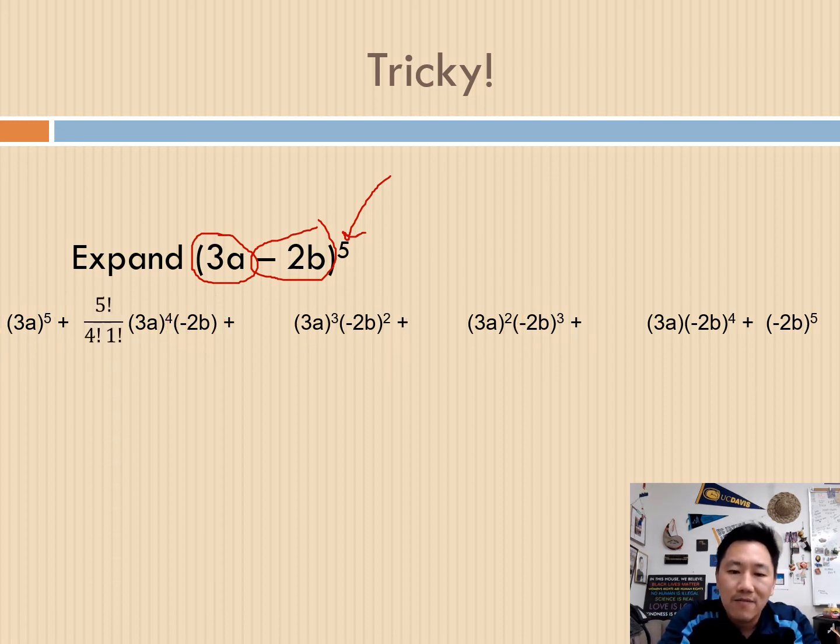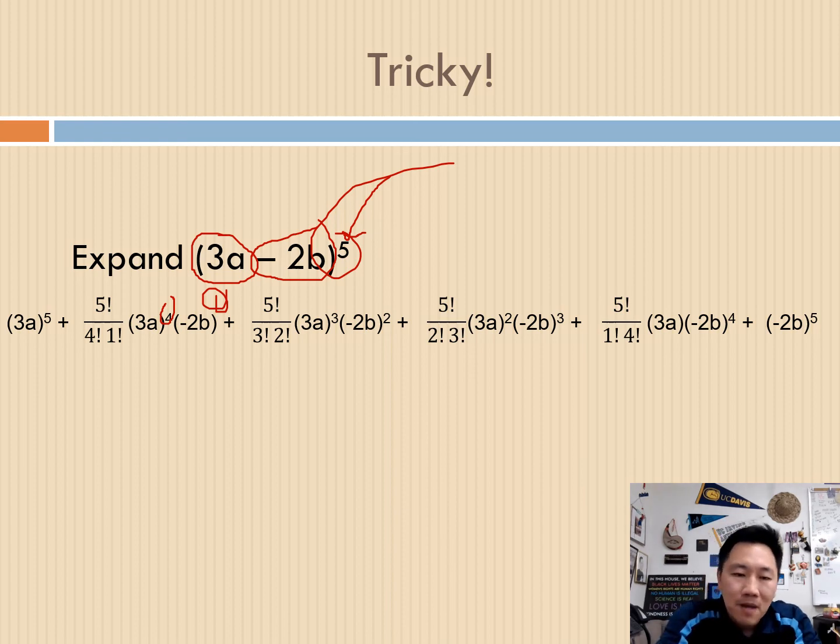It is 5 factorial over 4 factorial, 1 factorial, and so on and so forth. Same as the last few examples. We can simplify this. Again, you can punch this into your calculator, or you can kind of do it in your head right now. The 4 factorials will cancel out, so it's just 5.